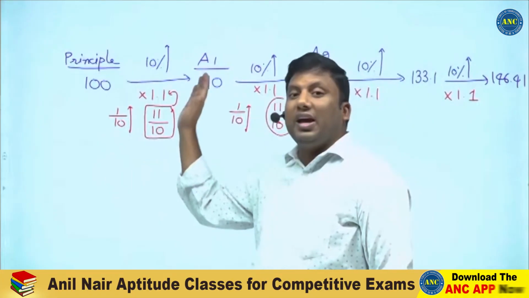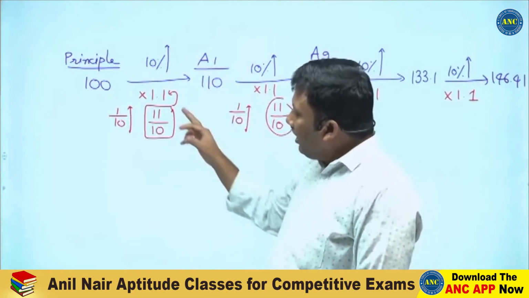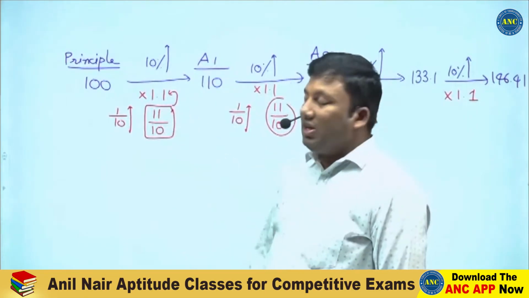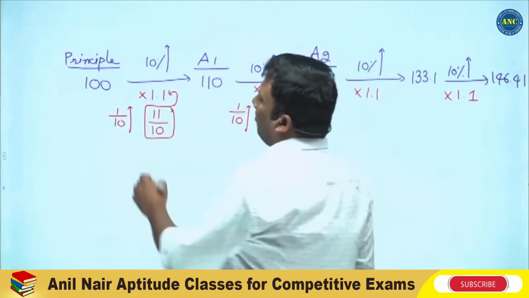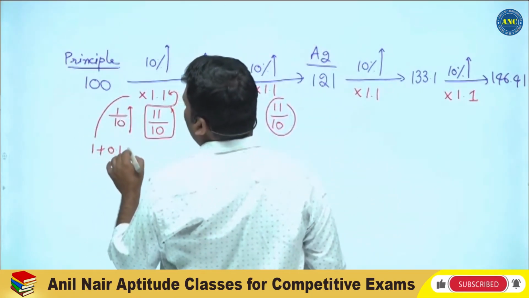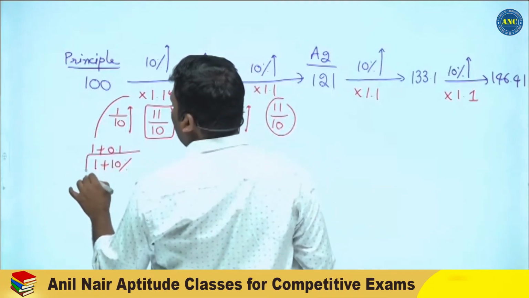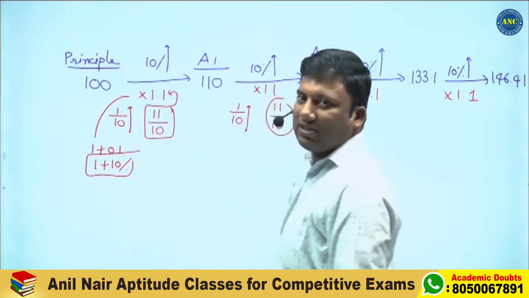So the multiplication factor is the same. What is the multiplication factor? It is 1.1. What do you mean by 1.1? 1.1 can be written as 1 plus 0.1, or as 1 plus 10 percent.